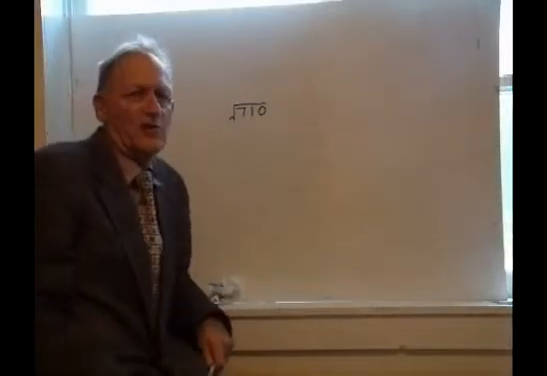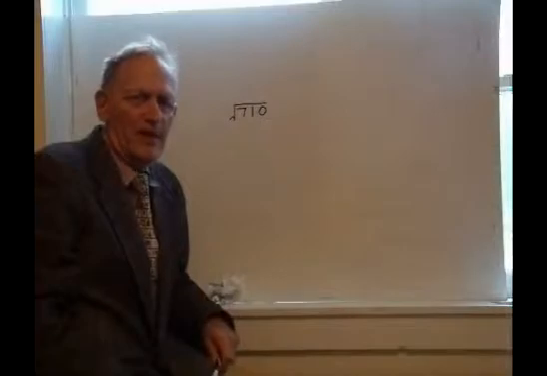The strategy I'm going to use is I'm going to break this number into the product of two numbers, one of which is going to be a perfect square, the square root of which we know.